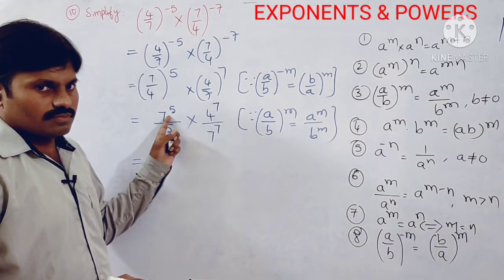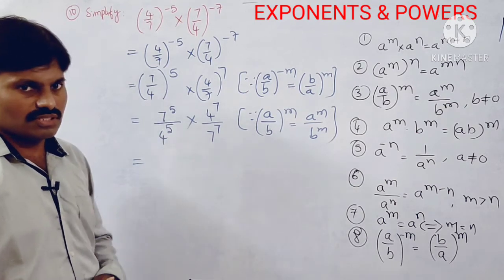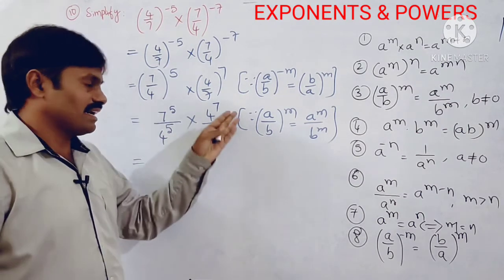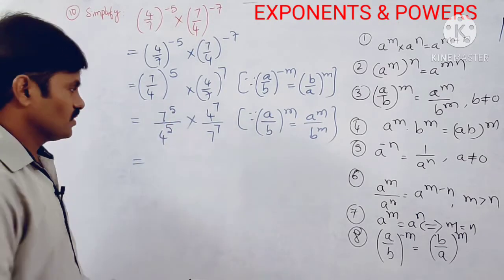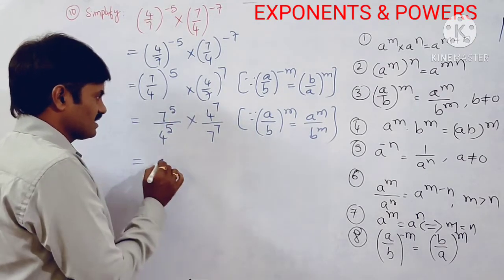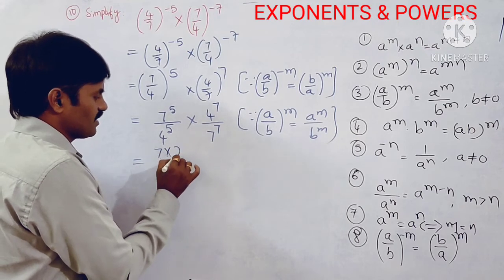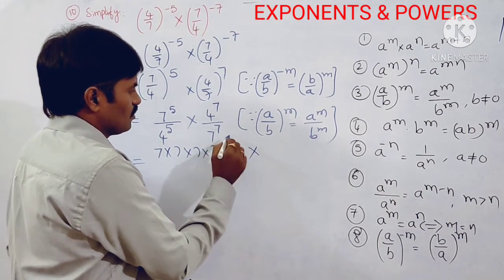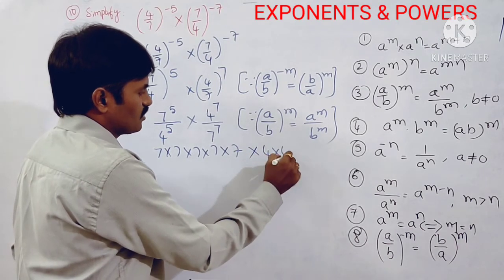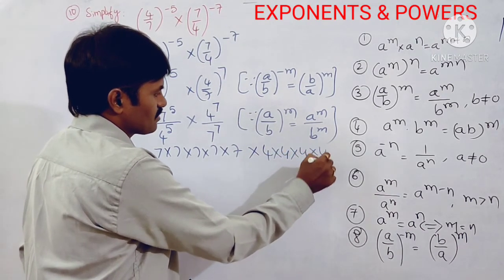Now in two ways we can solve this question. We can expand and simplify, or we can use the laws of exponents. Let me expand first. 7^5 can be written as 7 into 7 into 7 into 7 into 7, and 4^7 can be written as 4 multiplied 7 times.